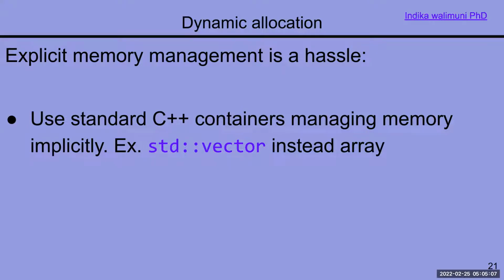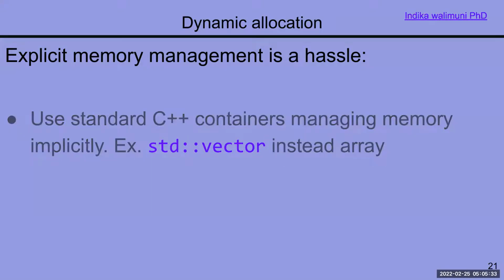The better alternative is the standard containers provided by C++, and they manage this memory implicitly. Once we are done with the container, it's going to delete the memory implicitly, so we don't have to worry about it.